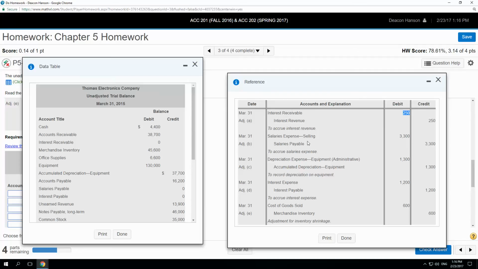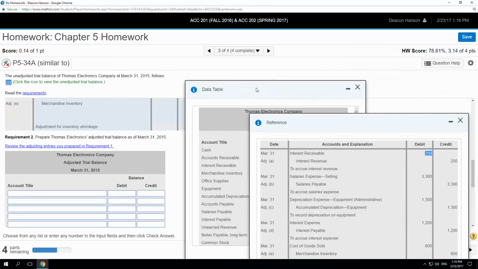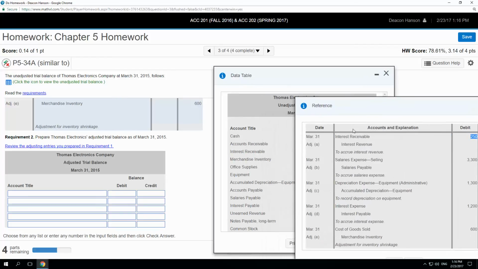So some of these things will make them go up and some will make them go down. Okay, and it's not affecting every single account. If you notice here, we never touched cash, right? In these adjustments, cash was never touched. So we can put our original cash balance in, right?